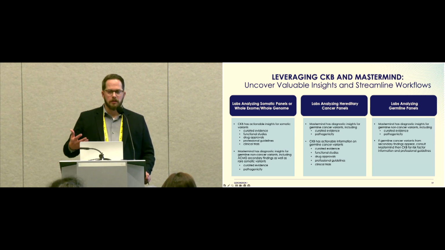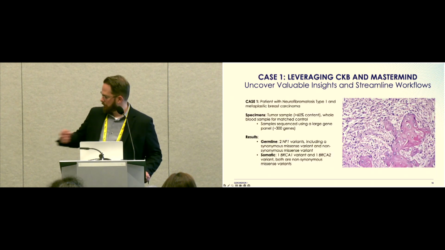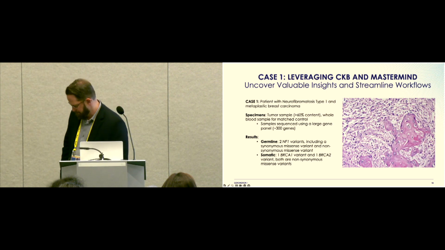However, CKB has germline content as well and is, as I mentioned, very focused on actionability and some of that drug and trial data that Kara will allude to. So without further ado, Kara, I invite you to the stage. Thank you for your attention.